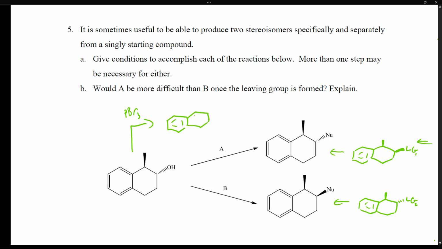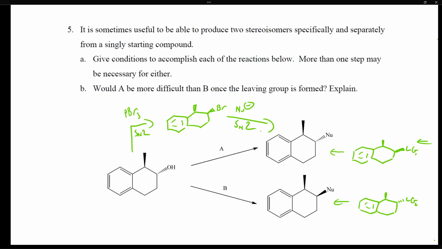So what I'm going to get is this: a leaving group that's pointed up. So this is an SN2 reaction. And then my nucleophile, strong nucleophile, is also an SN2 reaction. Those are my 2 inversions.